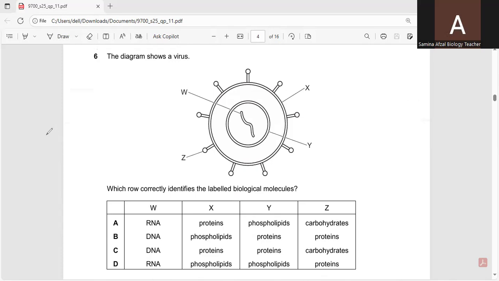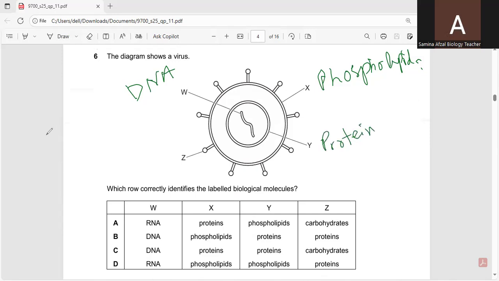You can see a double strand structure is there, so this is DNA. And X is phospholipids. Whereas Y, the nucleocapsid, is made up of proteins. And Z is also a protein.